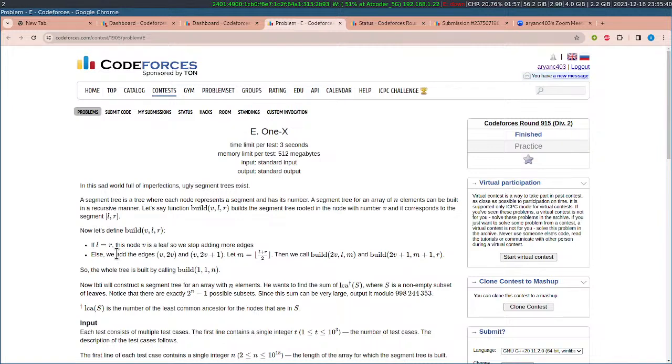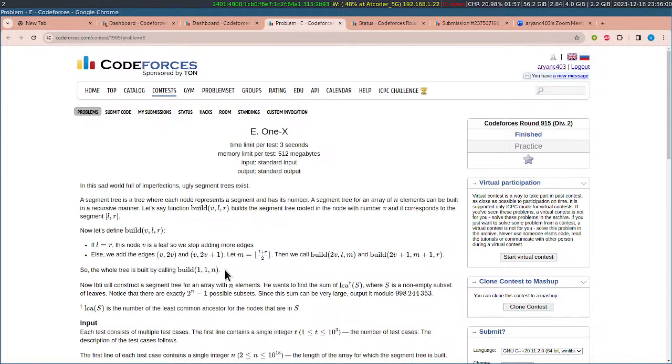If l and r are equal, then this node v is a leaf, so we stop adding more nodes. Otherwise, we add 2 edges, v to 2v, and v to 2v plus 1, and let m be (l plus r) by 2. We also call build(2v, l, m) and build(2v plus 1, m plus 1, r). So the whole tree is built by calling build(1, 1, n).